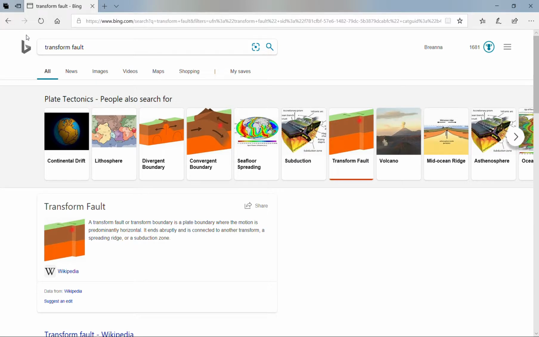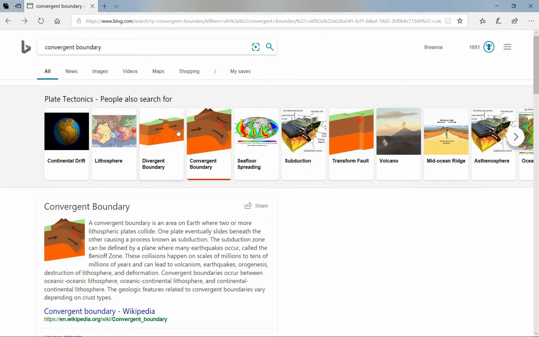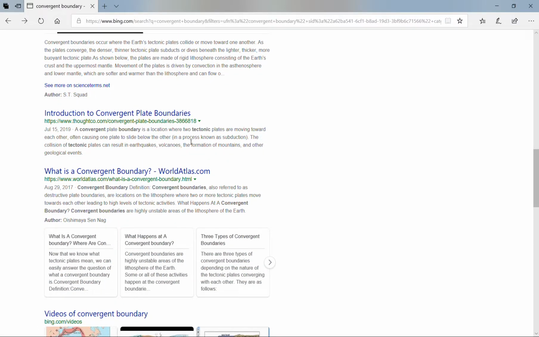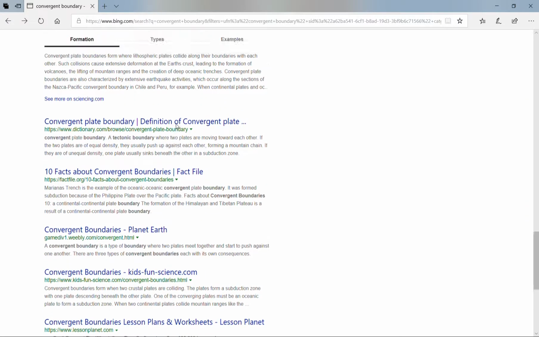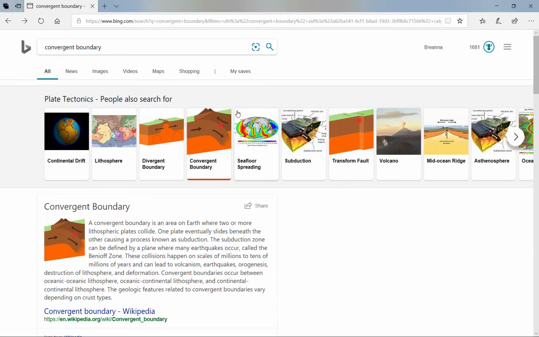So that is mainly what continental drift is. Alfred Wegener created the continental drift theory, and he died before anyone actually agreed with his theory.